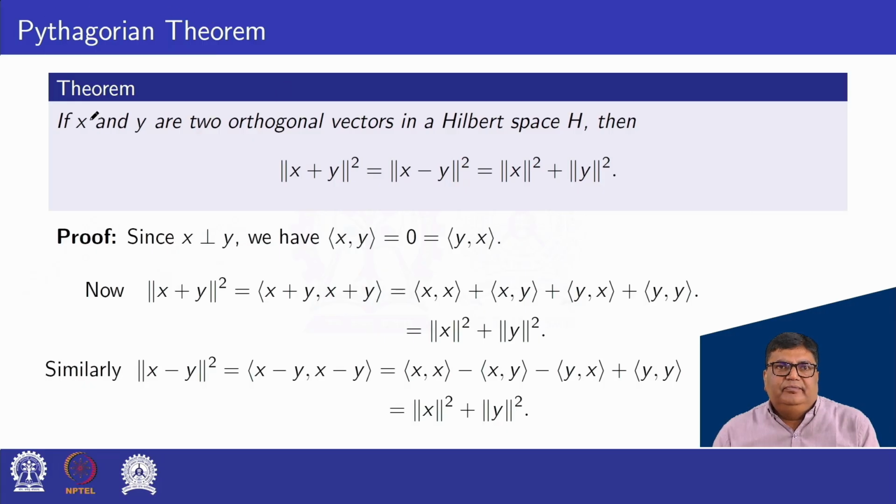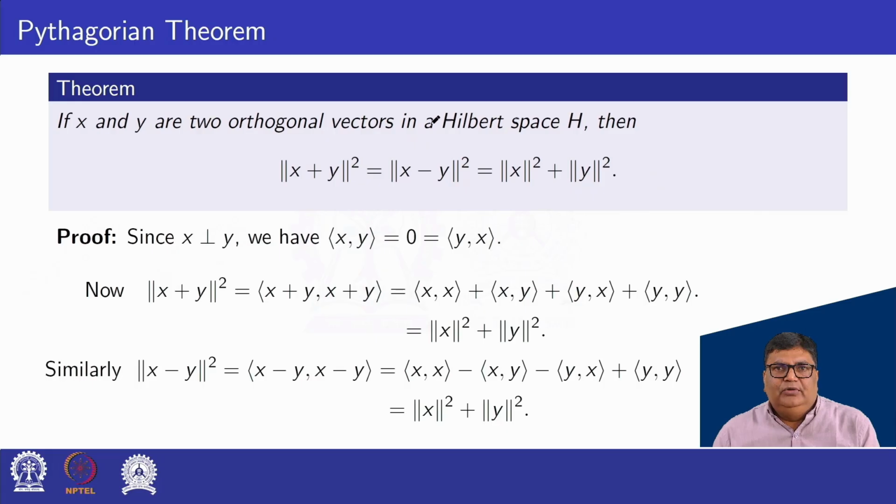Pythagorean theorem. If x and y are two orthogonal vectors in Hilbert space H, then the square of the norm of x plus y equals the square of the norm of x minus y, which equals the norm of x squared plus the norm of y squared.